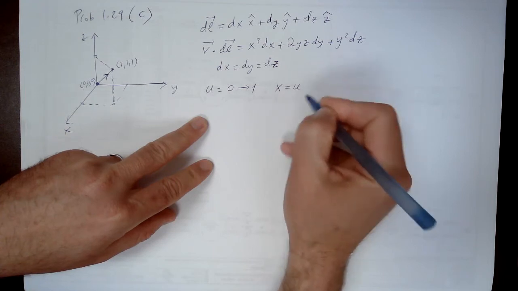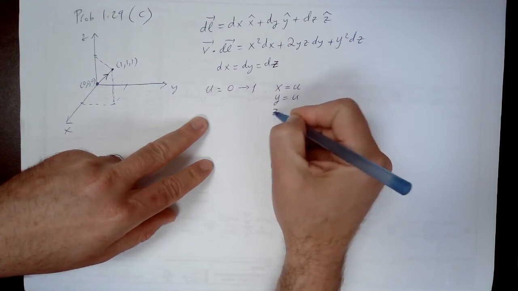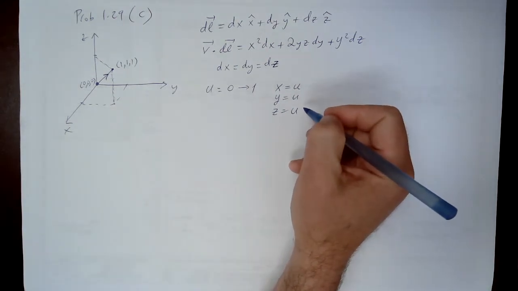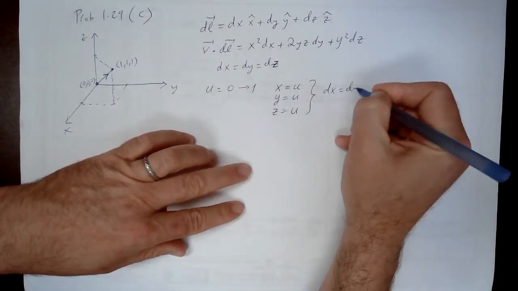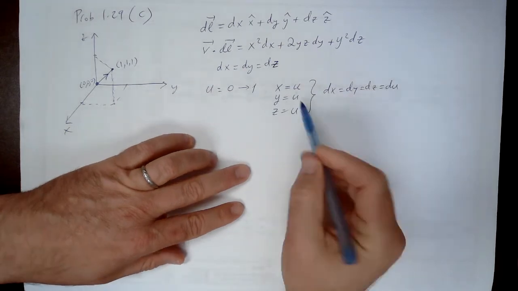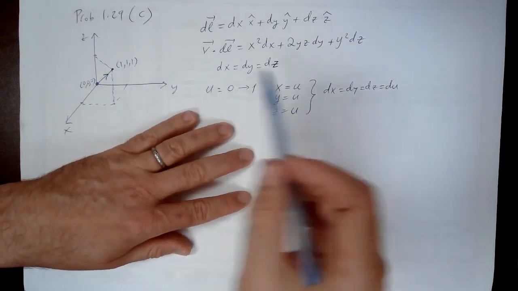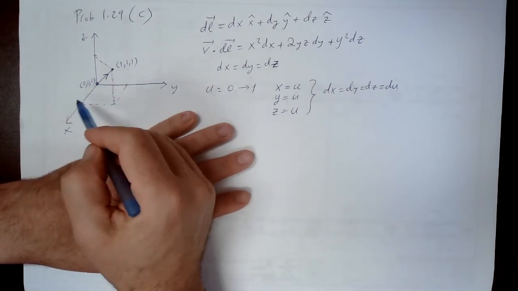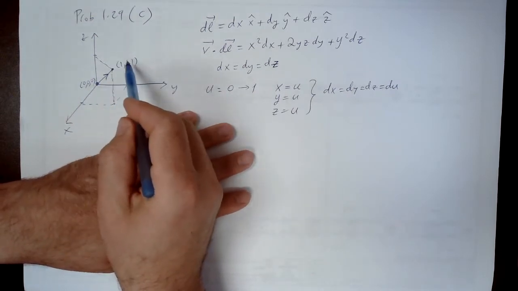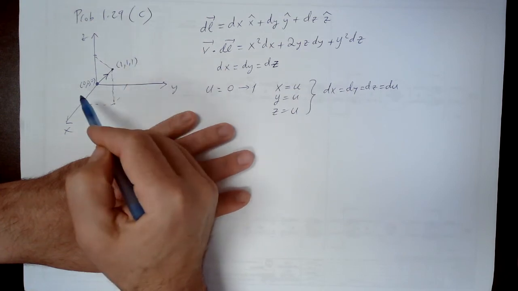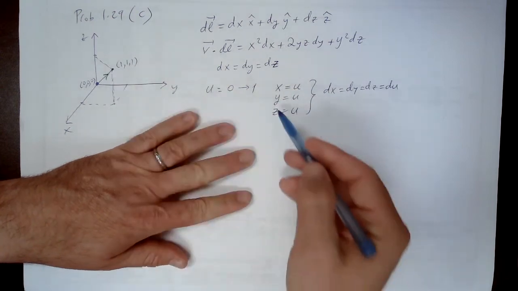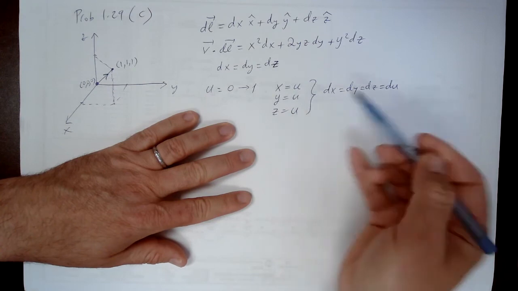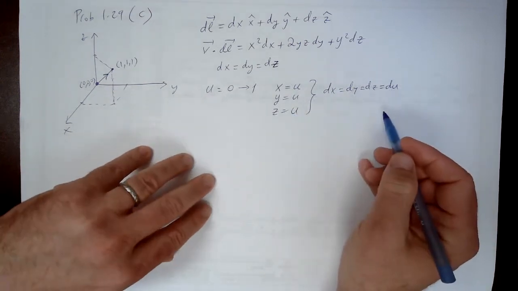You would say x equals u, y equals u, z equals u, and as a result dx, dy, dz all equal du. This also tells you how you would approach this problem if it wasn't a simple case. If it was going to another point like (1, 1, 2), then z would change twice as much as the other two variables, so you would write z equals 2u.